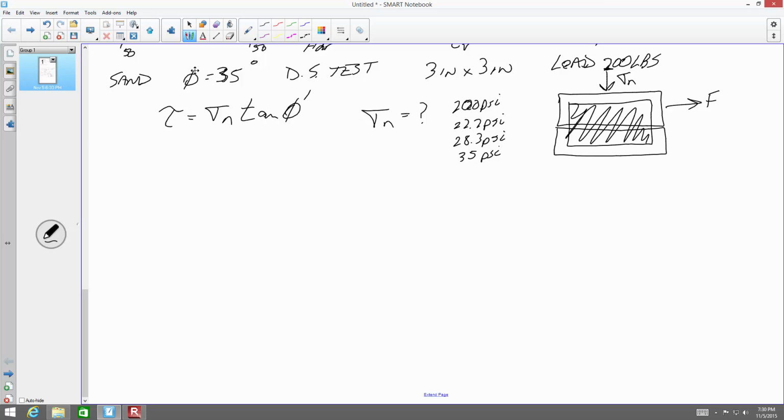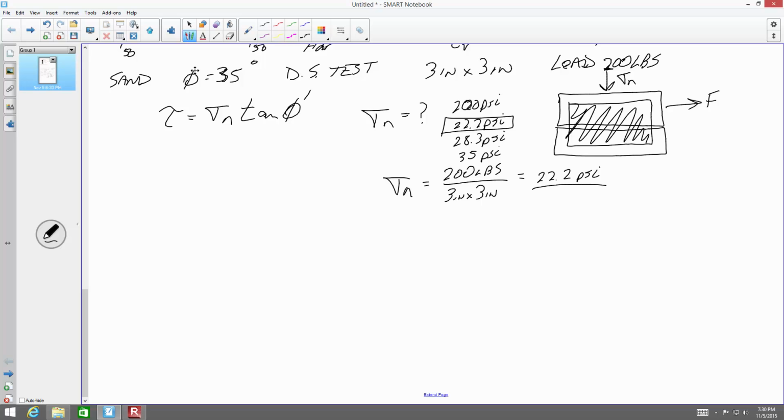So we're putting a 200-pound load on top of it, and it's a 3x3 box. Simple math, right? Sigma n is the 200 pounds over 3 inch by 3 inch. That comes out to be 22.2 psi. Answer B. So that has nothing to do with geotechnical engineering whatsoever.